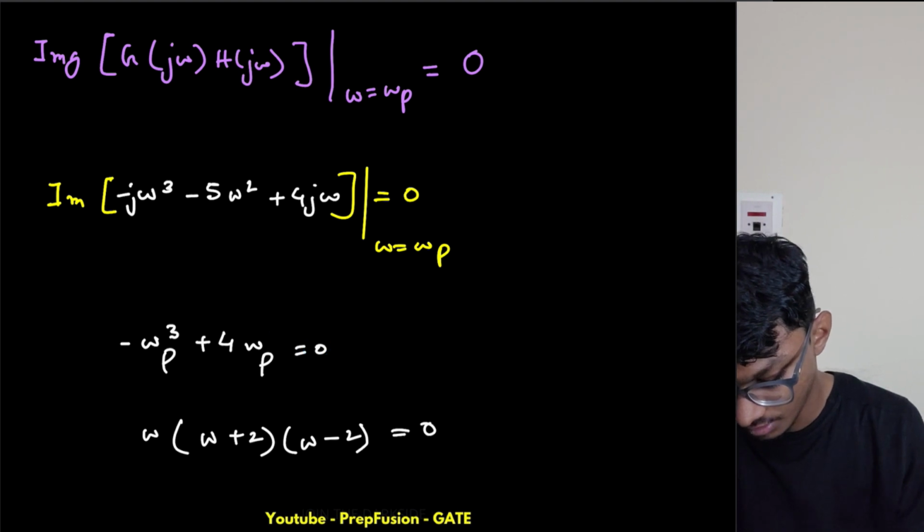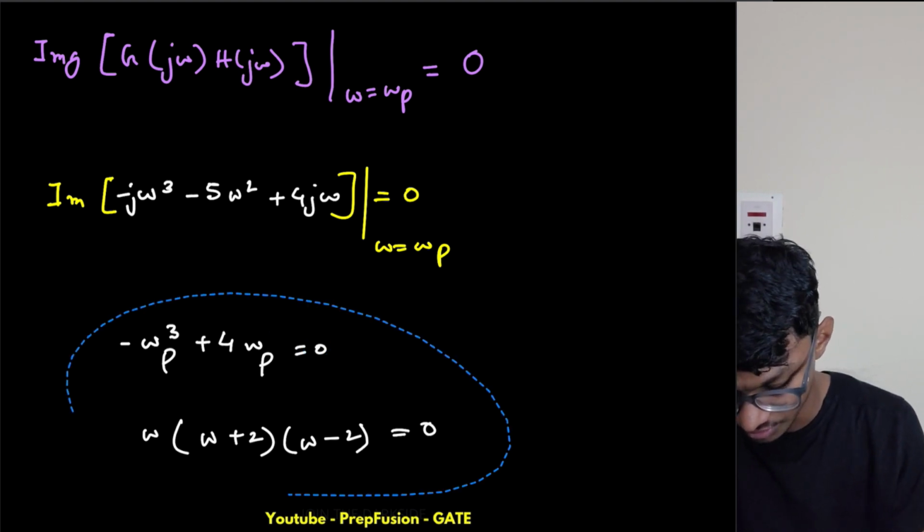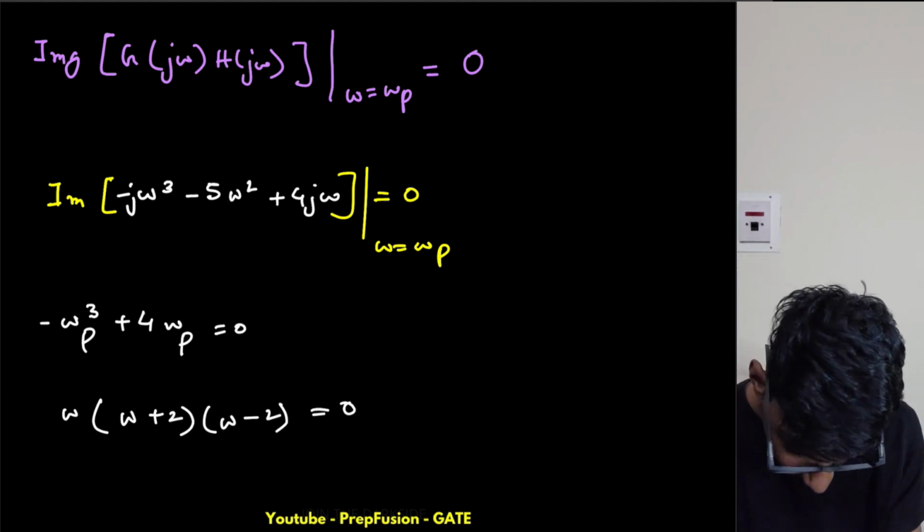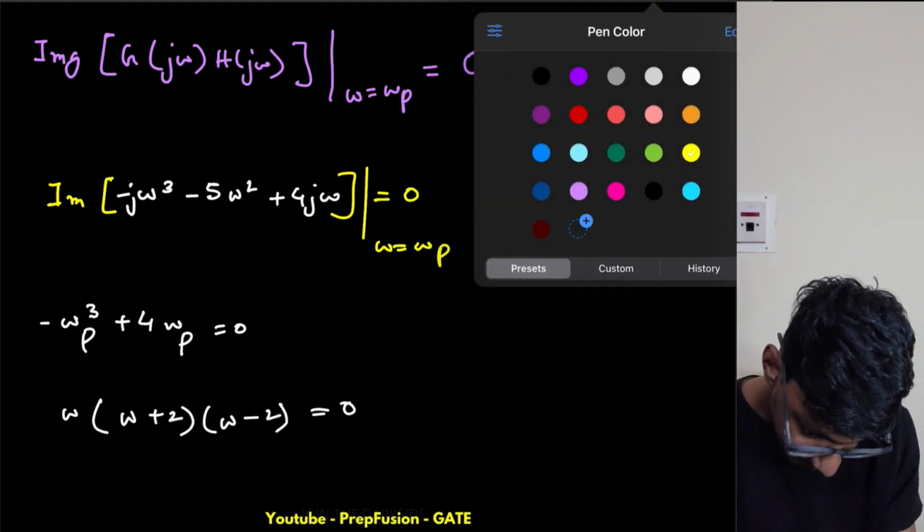So basically I'm getting 3 solutions here, and I will ignore 2 solutions.